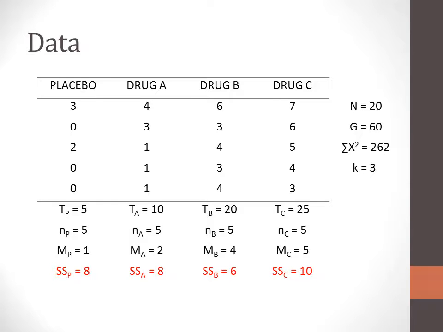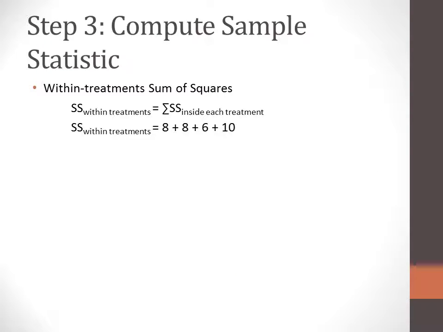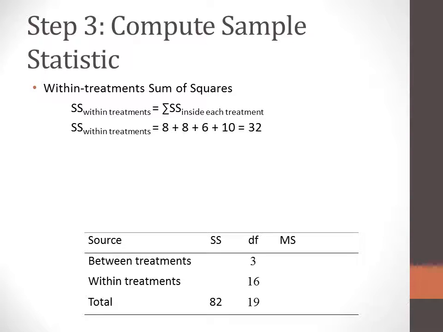So we just take these four values and add them. And we get a value of 32 for our sums of squares within treatment. Now we can take that value of 32 and place it in the source table. At this point, you can eyeball and know what the sums of squares between treatments is just by looking at this, because 82 minus 32 should give us a value of about 50.